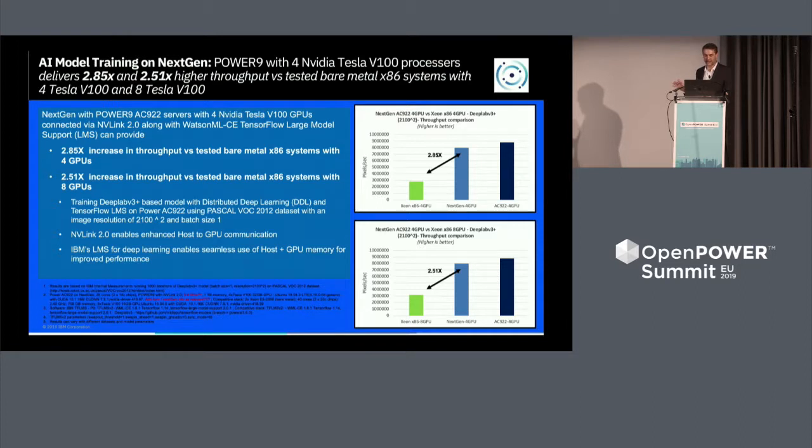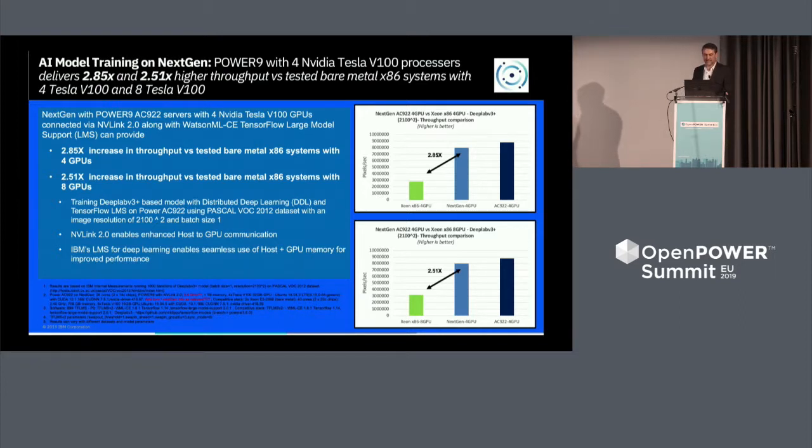The power, it's the same. We just have the 4 GPUs on the AC922, and you can see it's 2.85 times faster when it's 4 to 4, and still 2.5 times faster against the 8 GPU x86 solution.